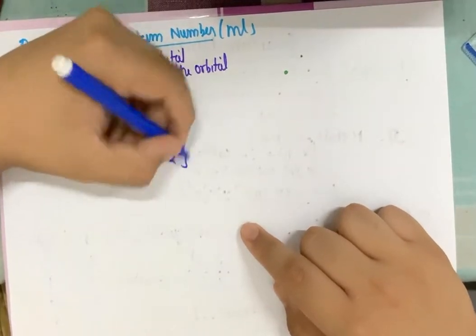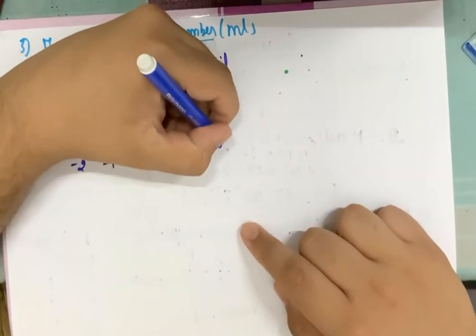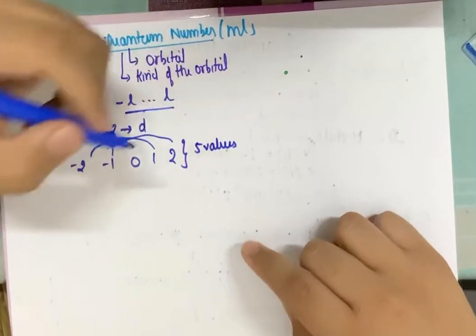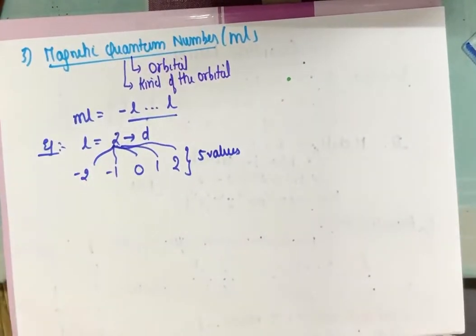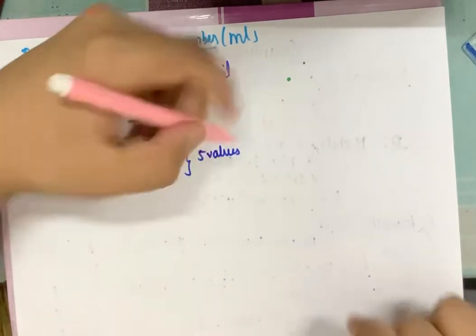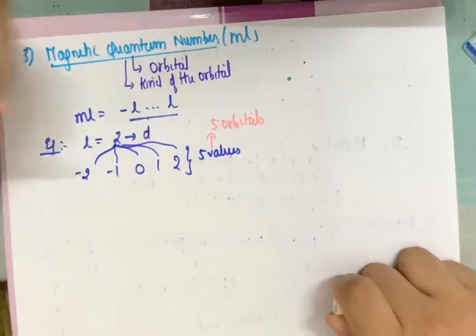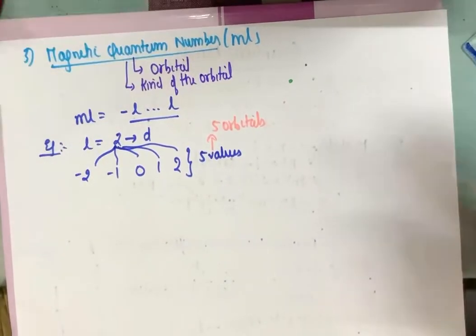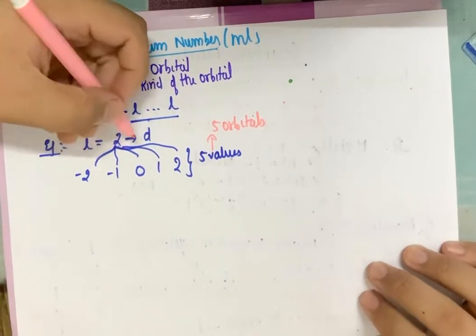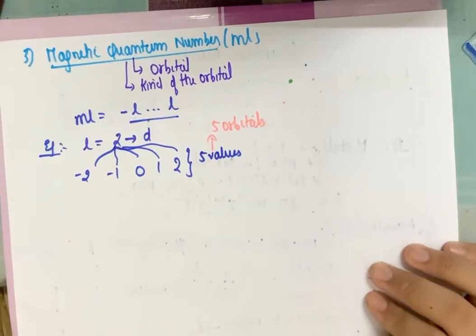So how many values are possible? 5 values are possible. That means, as I told you, the magnetic quantum number gives us the number of orbitals and the kind of orbitals which will be there. 5 values means 5 orbitals. So what I can infer is that the D subshell has 5 orbitals.